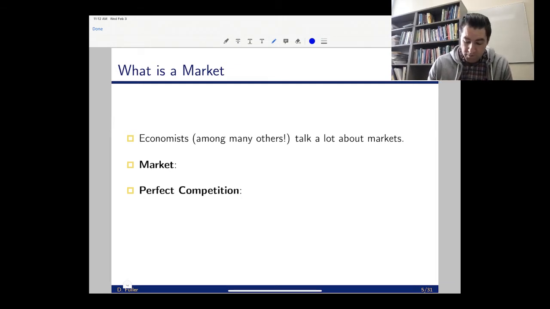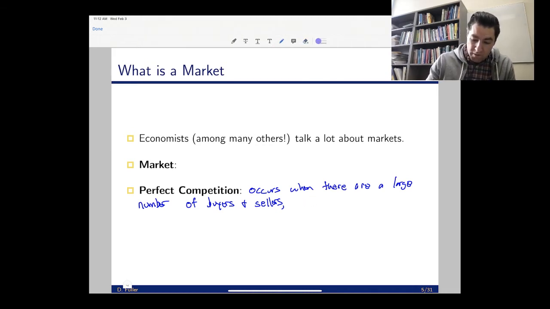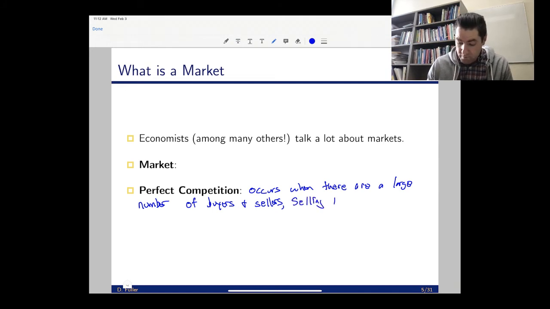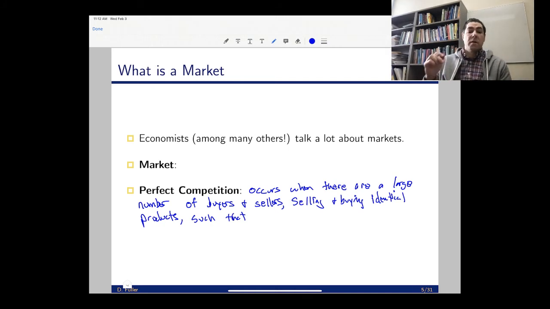So perfect competition, if I want to define it, occurs when there are a large number of buyers and sellers selling and buying identical products, such that the number of buyers and sellers is so large that no one individual can affect the price of the good or service being sold. No one buyer or seller can affect the price.